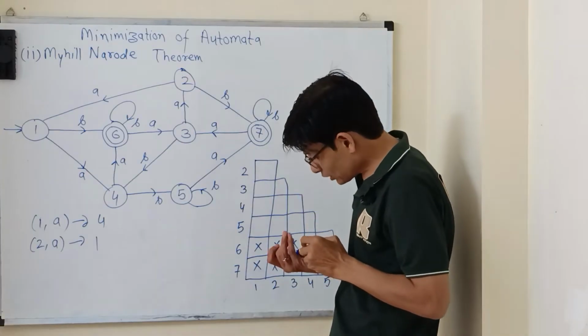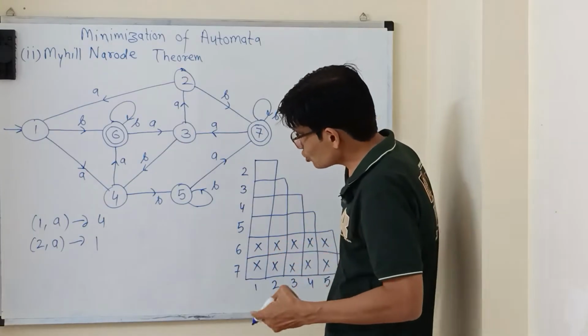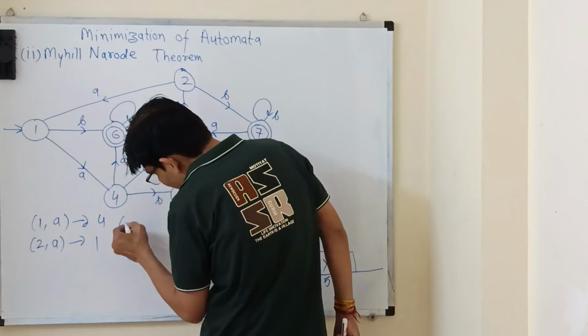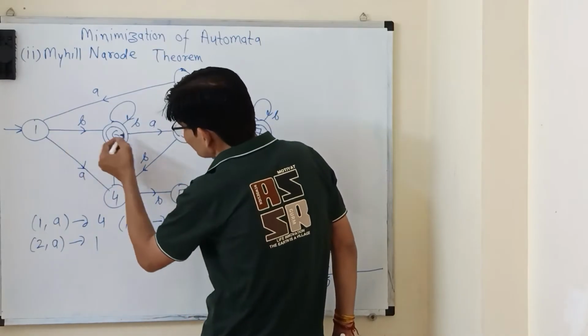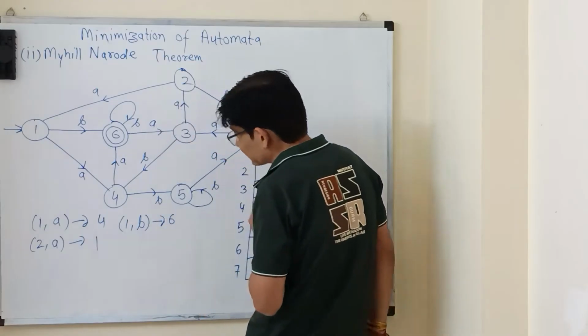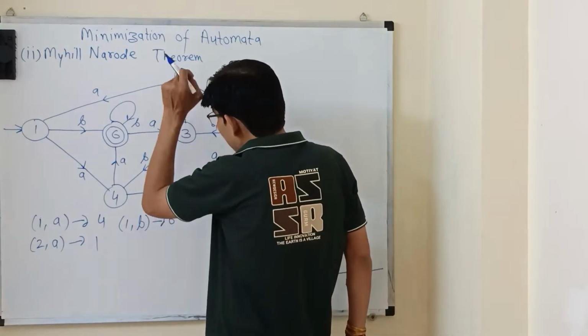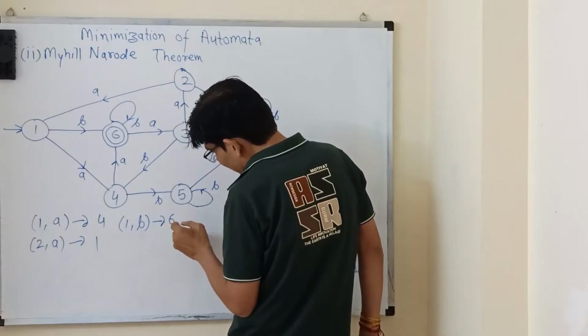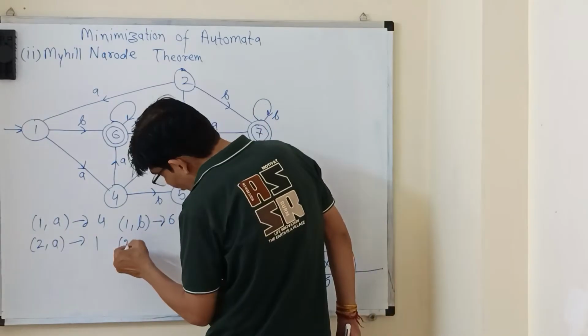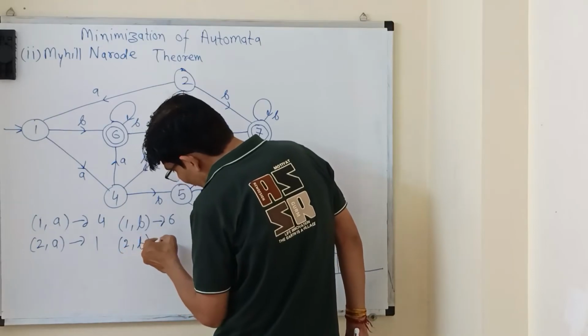Now we can try with B. On 1, if we are having B, then we are moving to 6. And on 2, if we are having B, we are moving to 7.